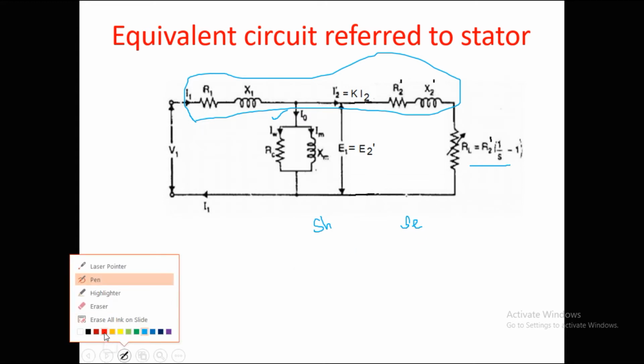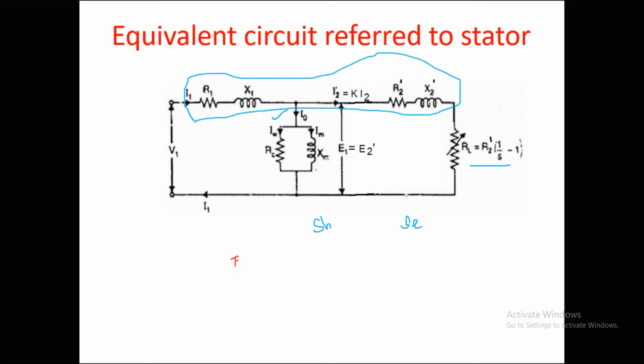In the shunt branch parameter, the very first parameter is the no load current, and it is resolved into two components. One is IW, that is the working current, and another one is the magnetizing current component. IW flows through a loss component R0, whereas IM flows through a magnetizing component XM.